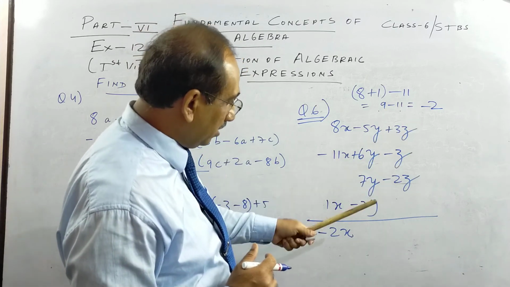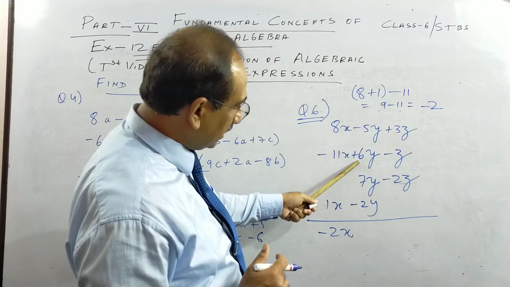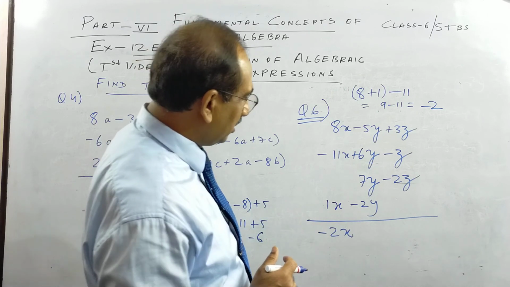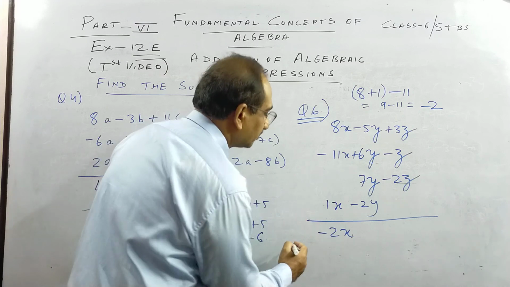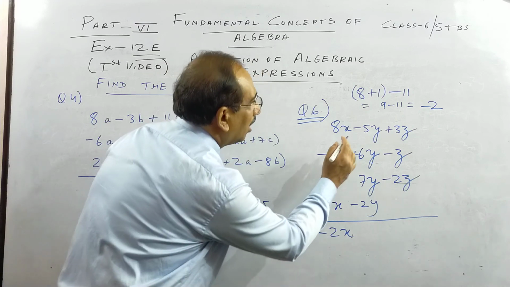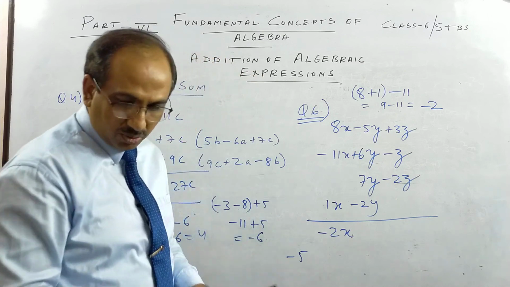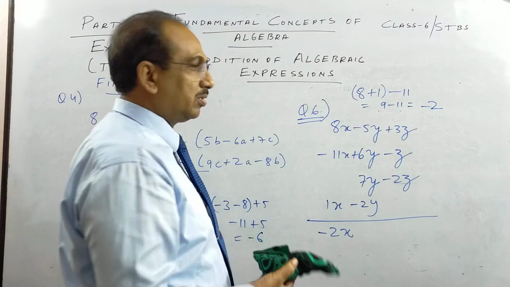Next, y. This is minus 5y plus 6y plus 7y minus 2y. So what is happening, children? I am writing it for you. I'll show you on top. Just copy, I'm going to rub this.